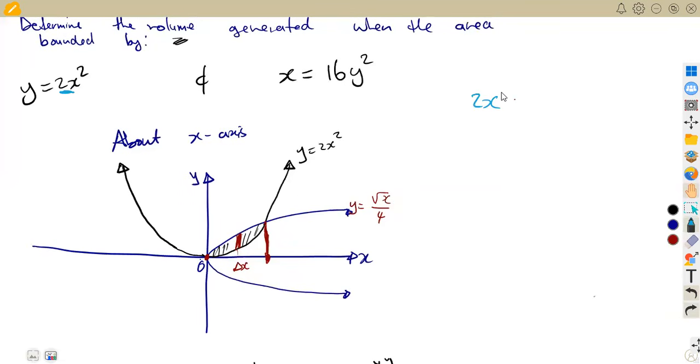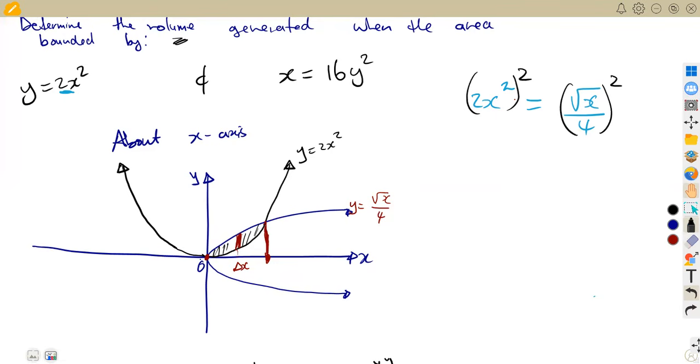So the y from 2x squared must be equal to the y on this part, which is the square root of x over 4. We can cross multiply, then remove the square root, or we can just remove the square root directly by squaring both sides.